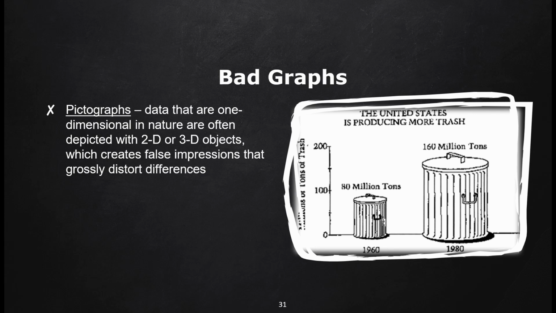So it's making it look like the amount of trash has quadrupled, where it in fact just doubled. It's still a lot of trash, that is true. We're gonna have to clean up after ourselves a lot better, but it's distorting the data. It's making the difference so massively huge. And that is not okay. You don't manipulate the data.